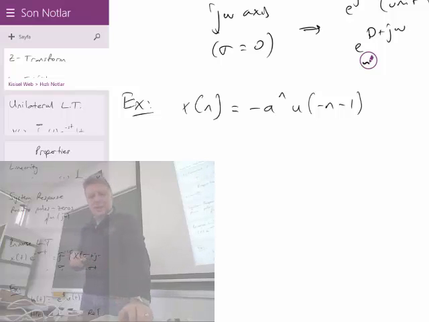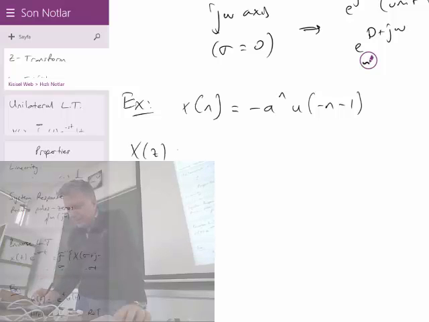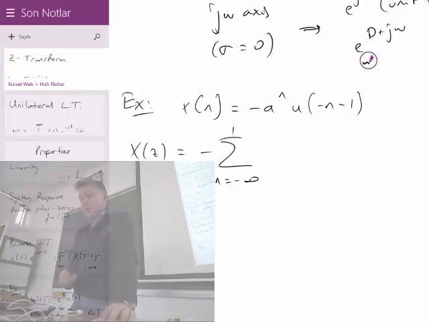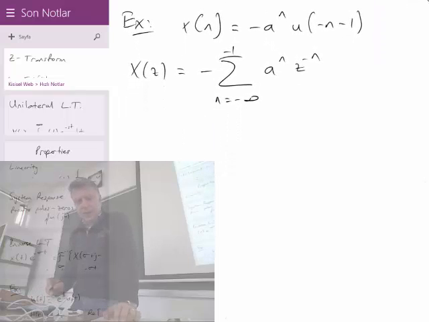Now, is that really the case for this? First of all, what is X of z? Let's first calculate what we have. This, I will skip some details, will be the sum over n from minus infinity to minus 1 because of this u of minus n minus 1, because its span is from minus infinity to minus 1, excuse me. Minus infinity to minus 1, a to the n, z to the minus n is what we have.